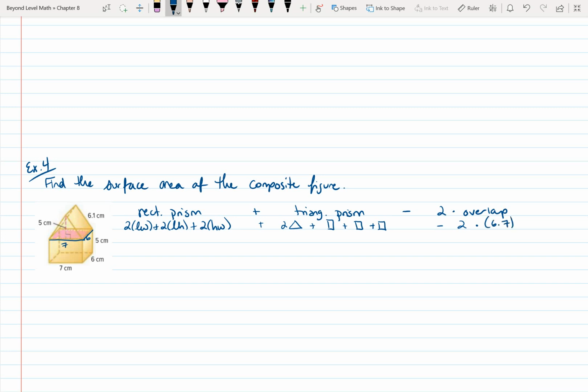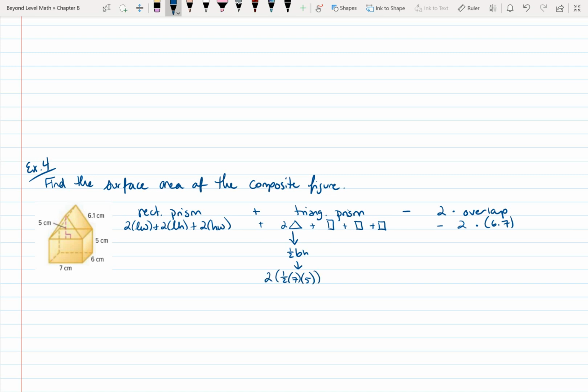Alright, because that triangular prism is a little weird, let's go ahead and break it down a little bit. The 2 triangles, so 1/2 base times height. So 1/2, the base of the triangle is 7. The height of the triangle is 5. We've got 2 of those.